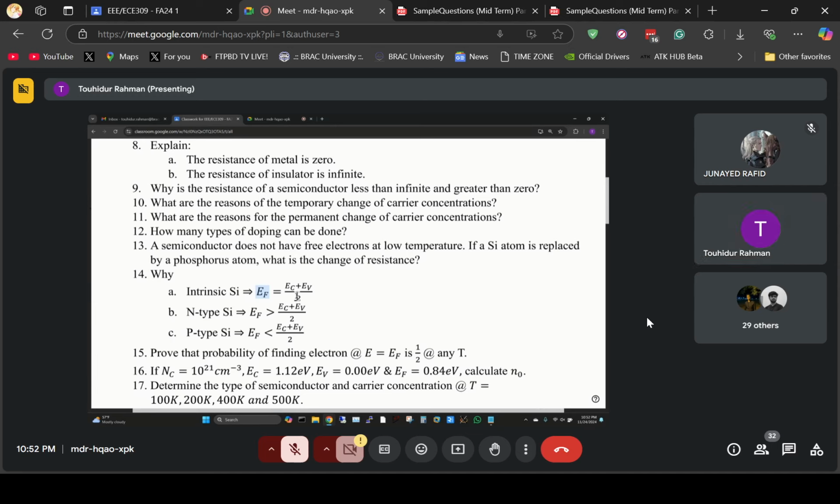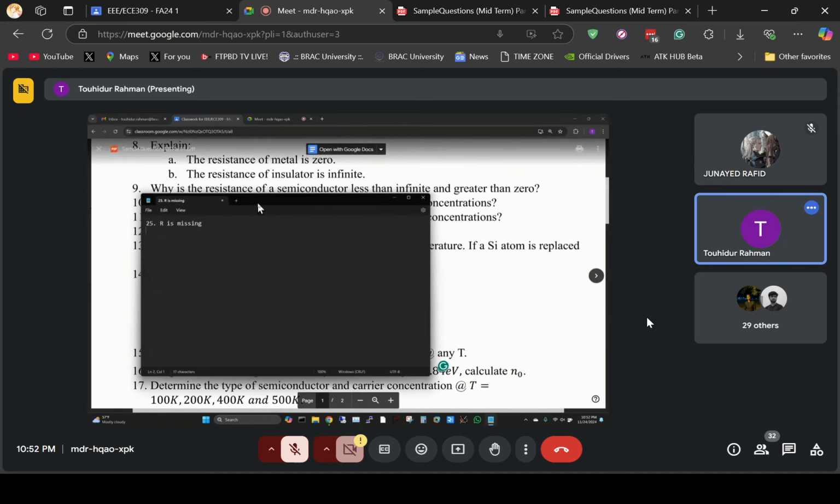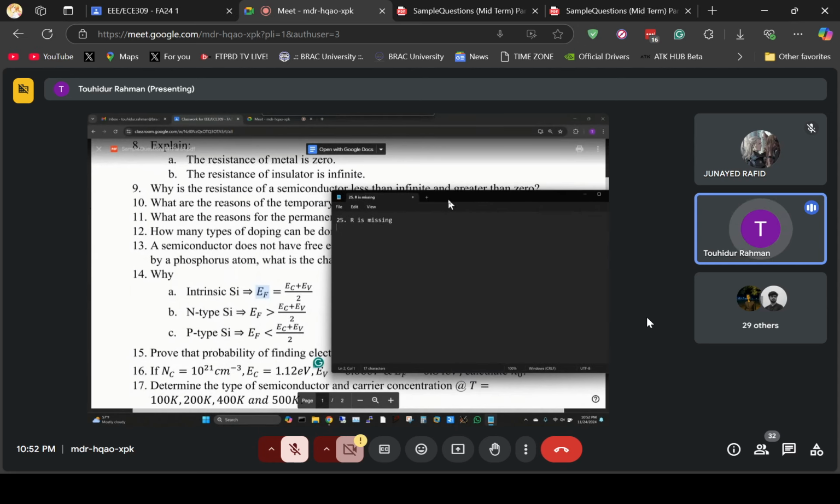Okay, sir. So what you need to do, let me write it down for you. For number A, F of EC will be equal to 1 minus F. Now, if you calculate the Fermi level from this equation, then you should be able to get this expression.